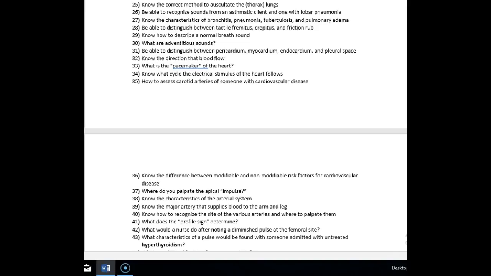Then the ventricles are stimulated, and the impulse travels to the bundle of His, the right and left bundle branches, and then through the ventricles. So SA node, atria at the top, AV node, atrial septum, then the ventricles, then through the His, the right and left bundle branches, and then through the ventricles like that.